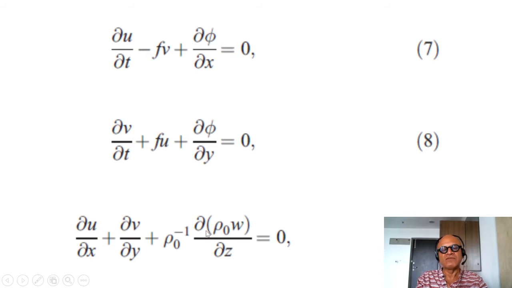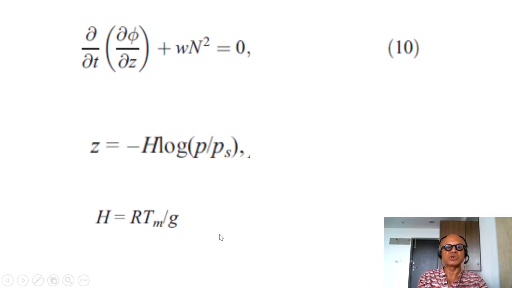So you convert that to rho 0 by using the pressure coordinate, and you have the vertical acceleration of the geopotential height related to the vertical motion and the vertical stability parameter, the Brunt-Väisälä frequency. So z here is defined as minus H log p over ps, where ps is the surface pressure and p is the in situ pressure.